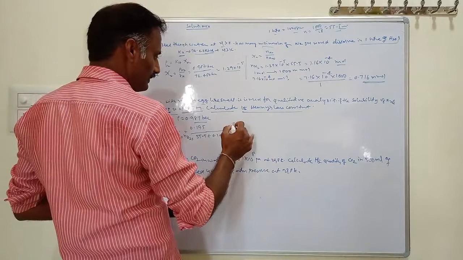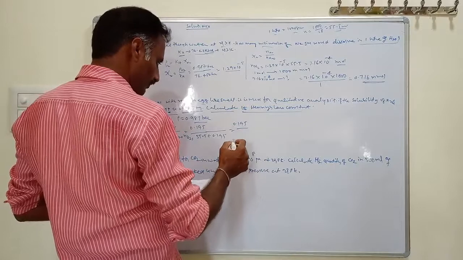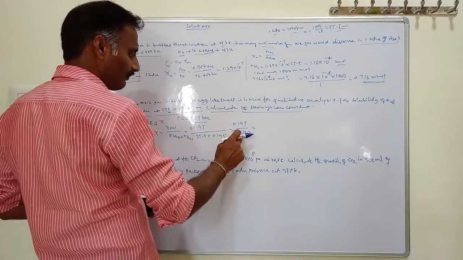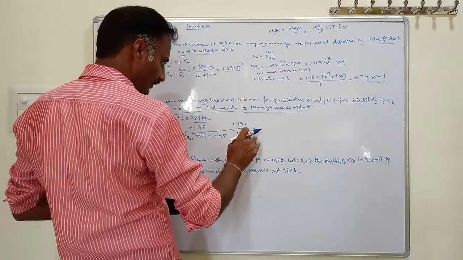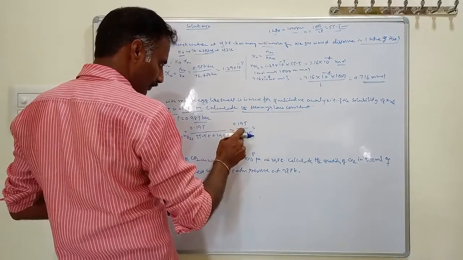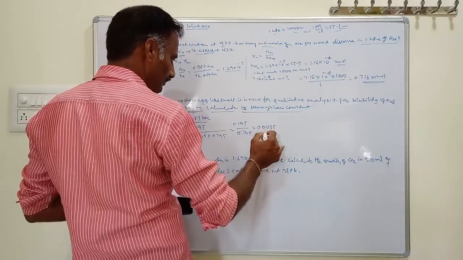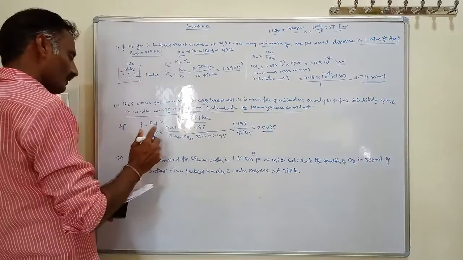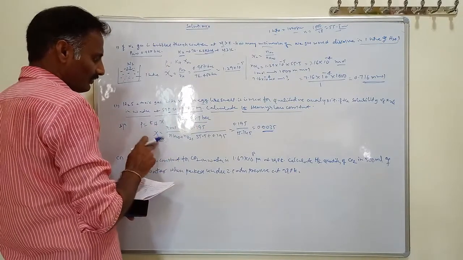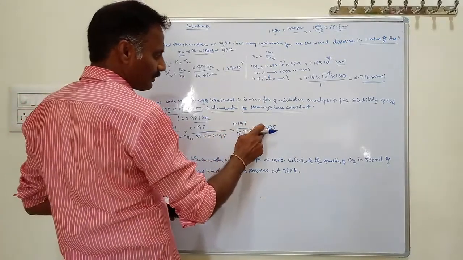The total value becomes 55.695. Dividing 0.195 by this value, we get 0.0035. This is the mole fraction of H2S in 1 liter water. The mole fraction of H2S in 1 liter water is 0.0035.